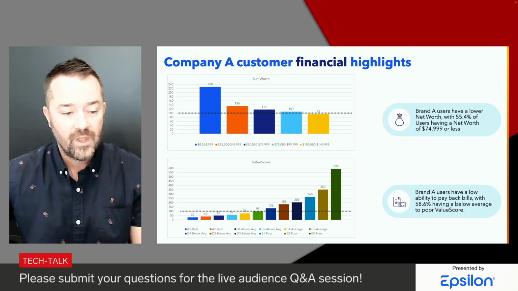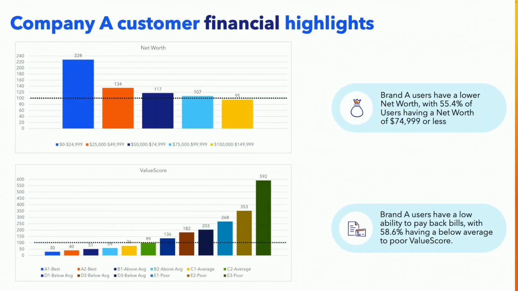Two more models that I wanted to showcase here, and that really starts to unpack the financial view a bit deeper, are net worth and value score. Now, net worth, as we describe it, is the overall wealth that your customer has accumulated over time.